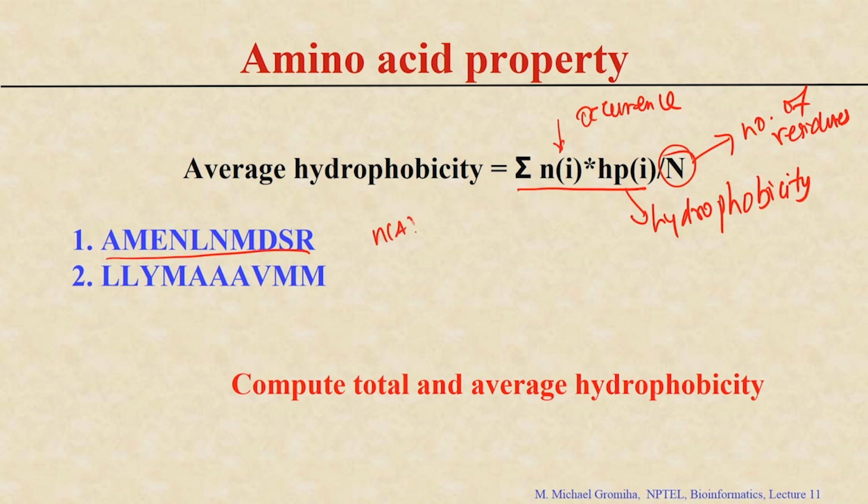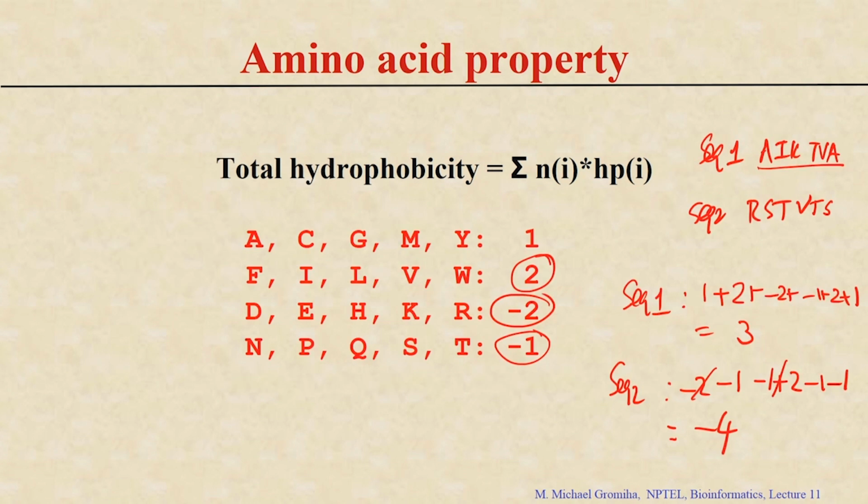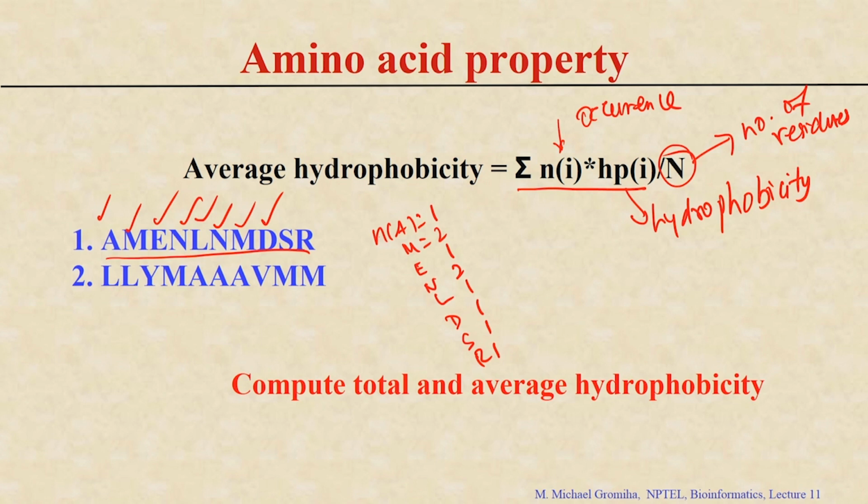If you take this equation, how many A are here? Number of A equals 1, M 2, then what else? E 1, N 2, L 1, D 1, S 1, R 1. So we group the numbers. N P Q S T, S N, that is equal to -1, so -2 plus -1 is -3.